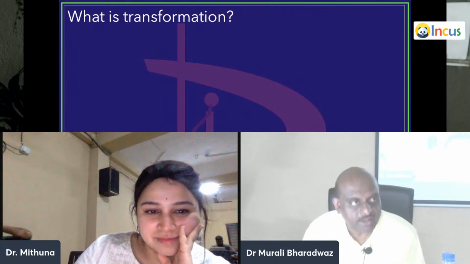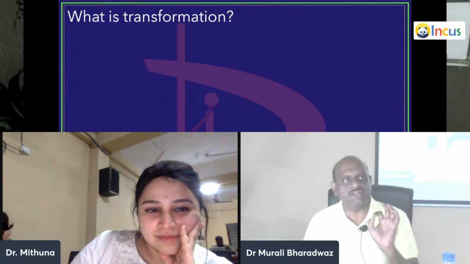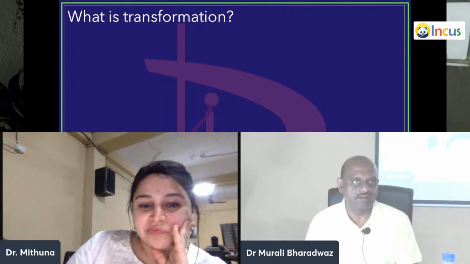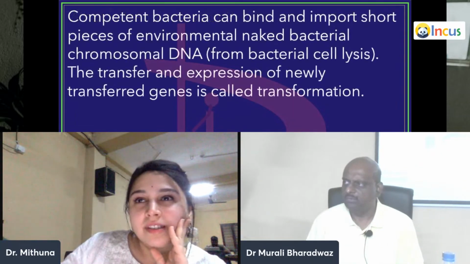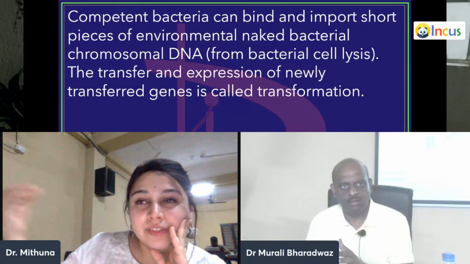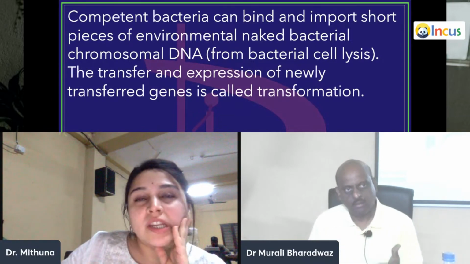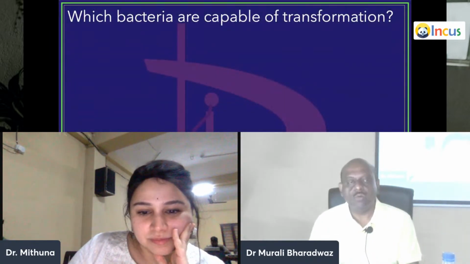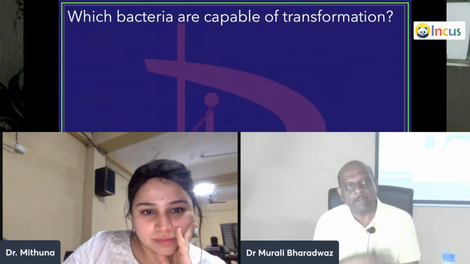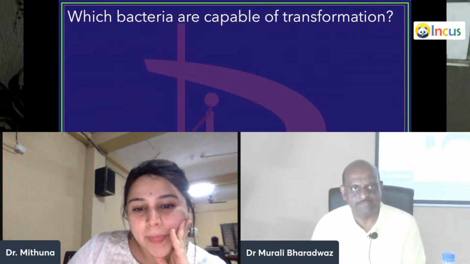Interesting question. Transformation. What is transformation? It is taking that part of the cleaved gene and expressing it on its own body. Now, what are those bacteria which are capable of transformation, doctor?